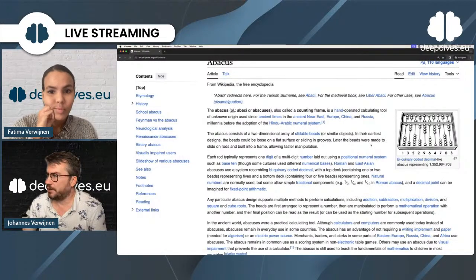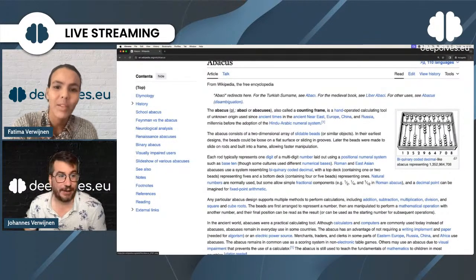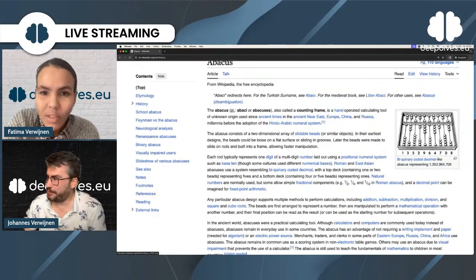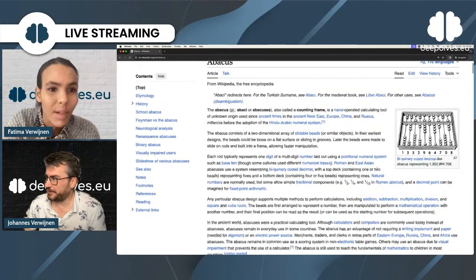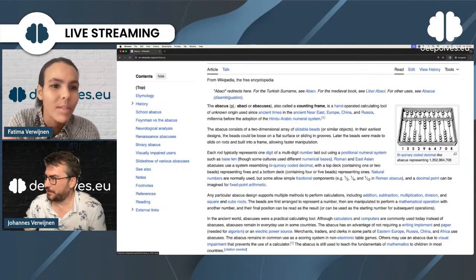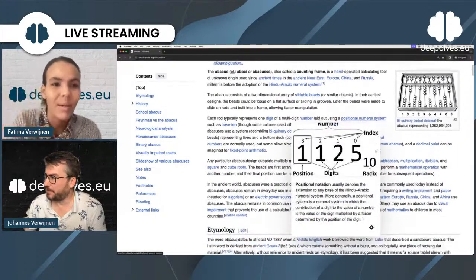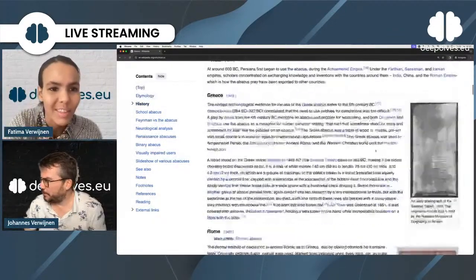So for us, we're using Arabic numbers, right? So in case you don't know that. This one is actually quite nice because it looks very simple. This is where we started. Then we ended up with very different machines.